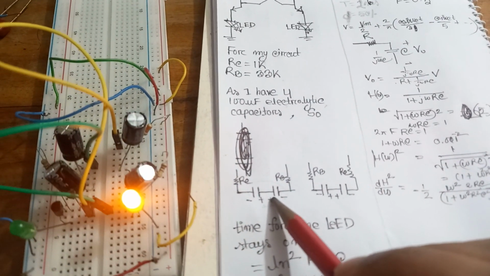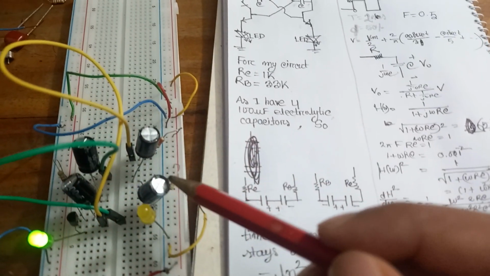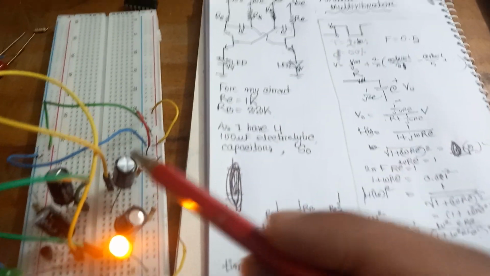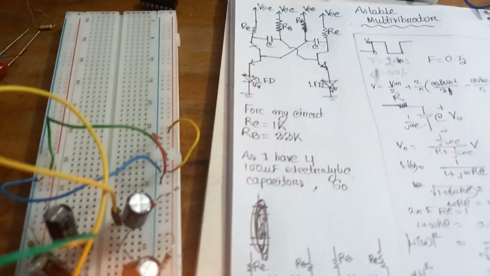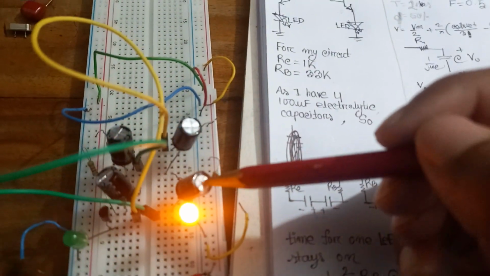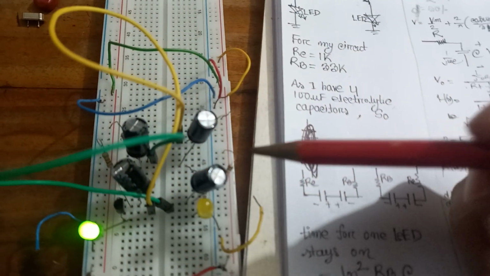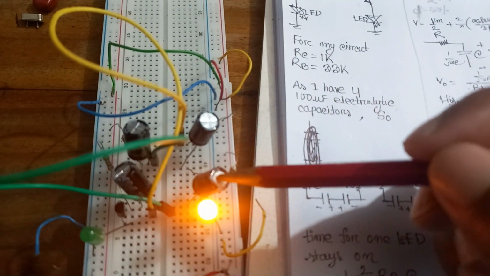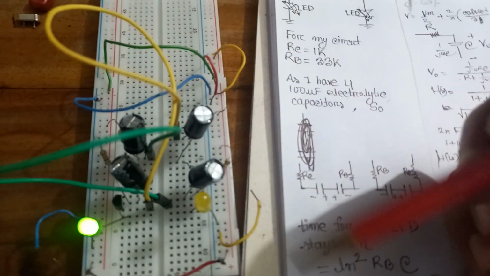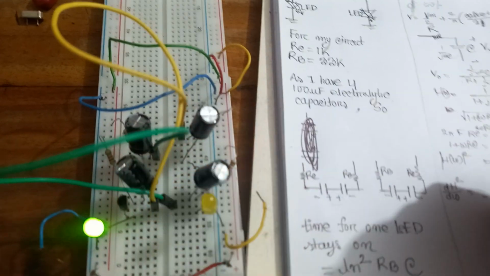You can see I have connected the two positive terminals, or two taller legs, together in series, and that's why these two capacitors are acting like one capacitor, and similarly these two capacitors are acting like one capacitor. These are 100 microfarad capacitors. If I connect two 100 microfarad capacitors in series, it will be divided by 2. That means the equivalent capacitance will be 50 microfarad.